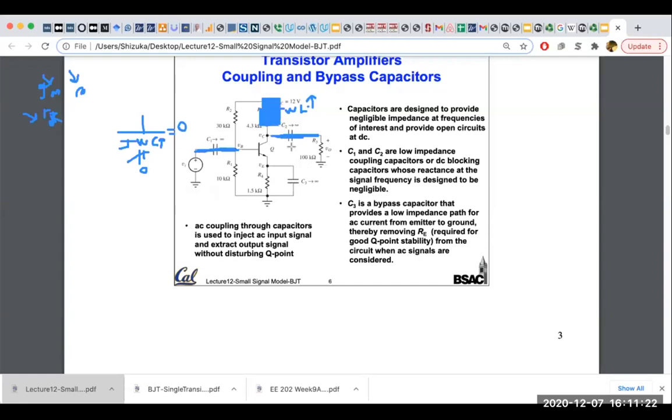So now your circuit becomes much simpler. You have a source here. It goes to the base of the transistor. This is also short, like other caps. So if we draw the circuit, you have the signal here. It goes to the BJT.